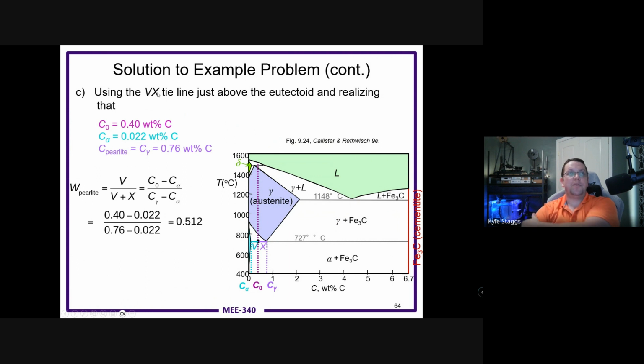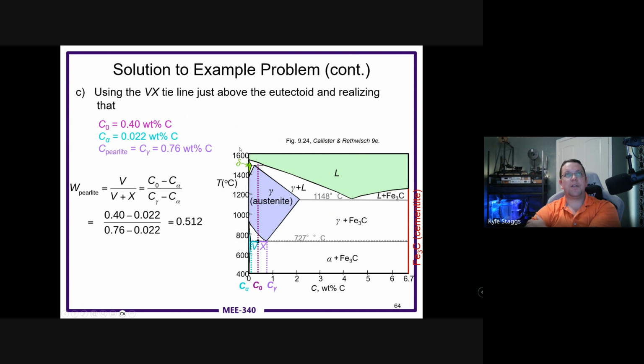If you see that in this particular book, the RS and VX tie lines are above or below the eutectoid point. It's just a thing to remember as a rule of thumb. The VX tie line for the second part is trying to find pearlite. It's also used in the context of finding pearlite. So it's important to know just kind of where those are.